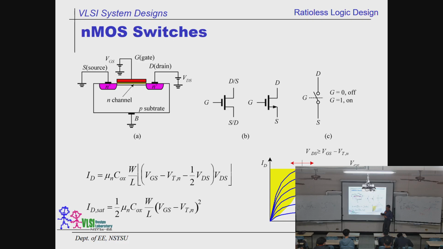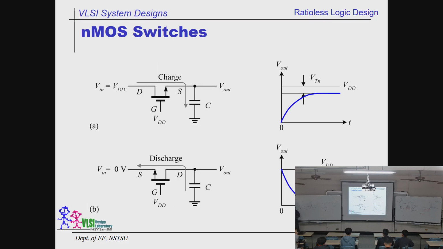But when you are going to fabricate or design your chip, it's better to follow these two symbols. This is for the N switch or N devices. And let's see its counterpart. I think it's the P switch. This is the behavior. And this is quite important. You have to remember this one.